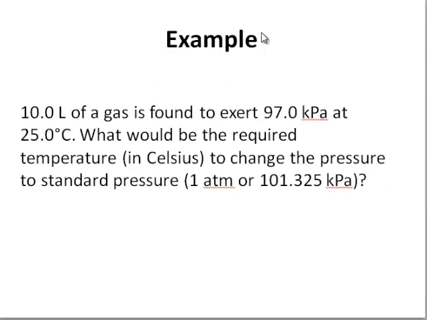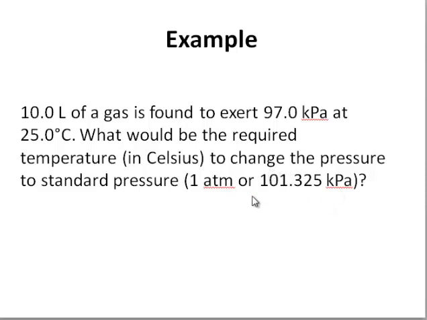Here's an example. 10 liters of gas is found to exert 97.0 kilopascals at 25 C. What would be the required temperature in Celsius to change the pressure to standard pressure? And to answer this, you need to know standard pressure is 1 atmosphere, or for this problem, for us, it's 101.325 kilopascals.